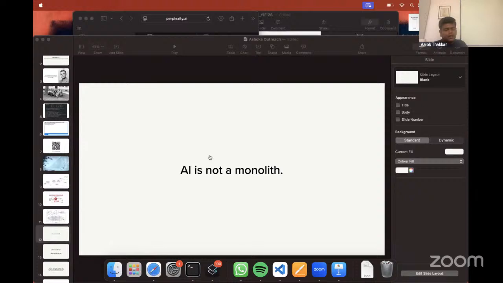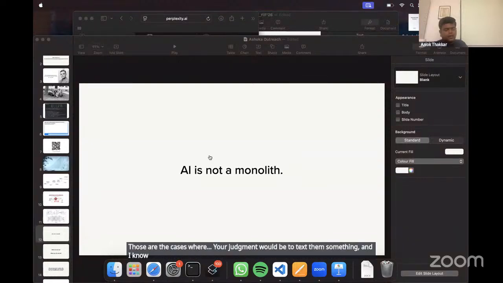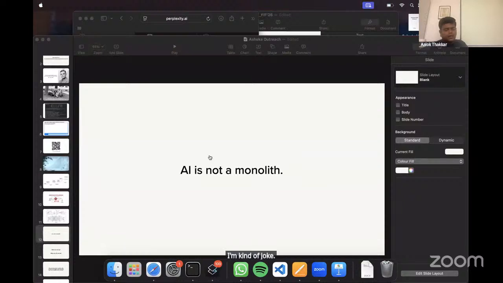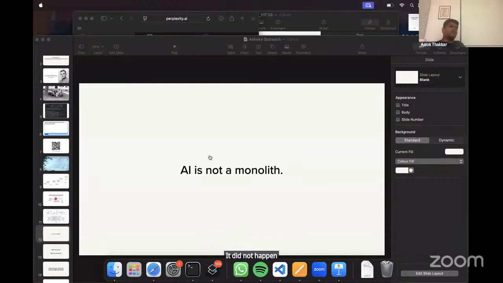Those are the cases where your judgment matters. Say I want to text someone something, and I know there's a certain kind of joke that works because I know their sense of humor. But I am a bit underconfident because we had an argument and I forgot. Let's just say it's a hypothetical scenario. It did not happen. Stop smiling. So I might go and ask AI because I'm a little bit underconfident.